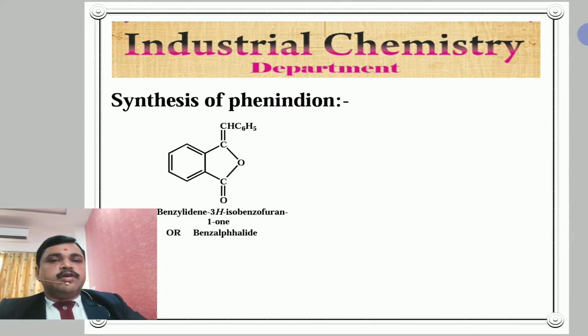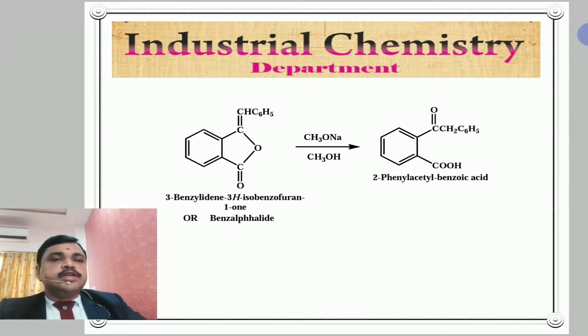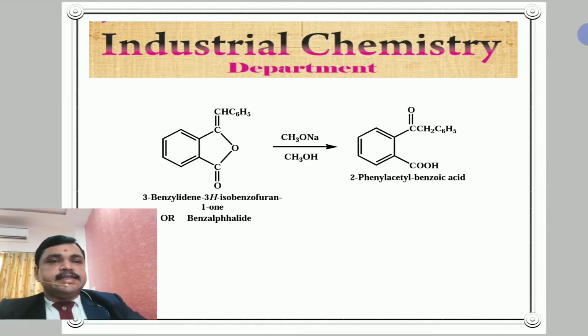It is also known as benzal phthalide. This benzal phthalide is treated with sodium methoxide and methanol and gives 2-phenyl acetyl benzoic acid.